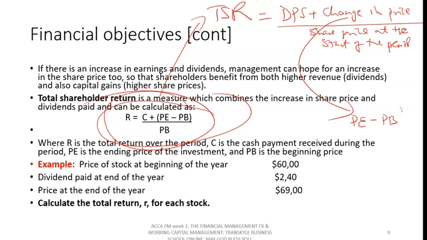look at this example. The price of a stock at the beginning of the year was $60 and a dividend of $2.40 was paid. The price at the end of the year was 69. Calculate the total shareholder return. And total shareholder return, we said it is TSR.